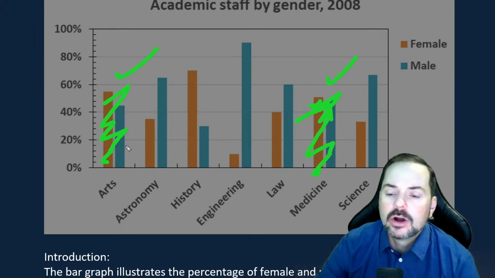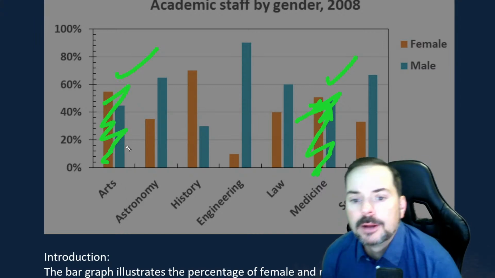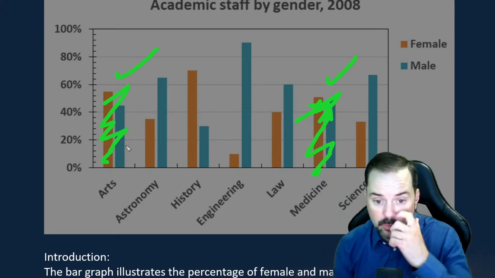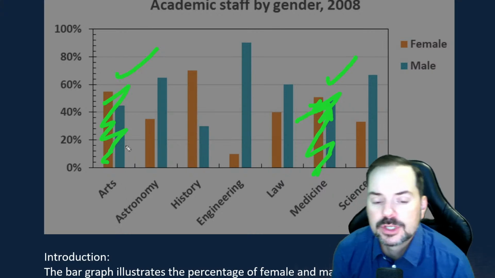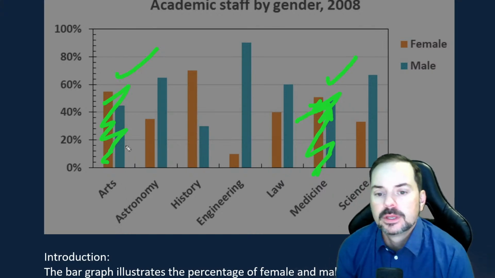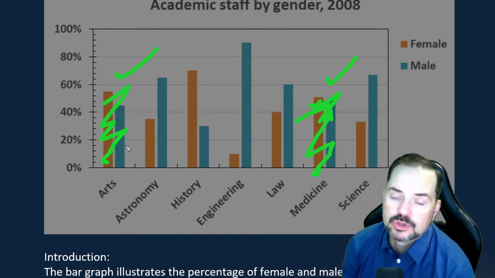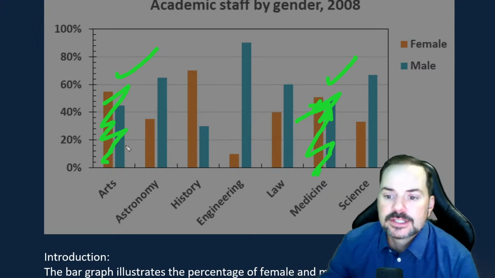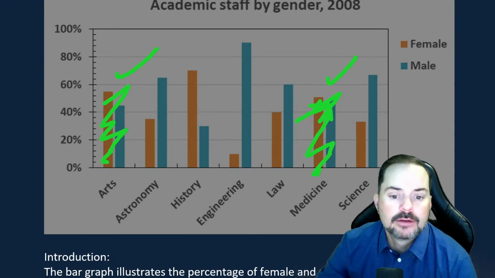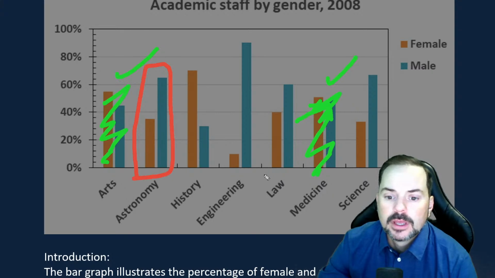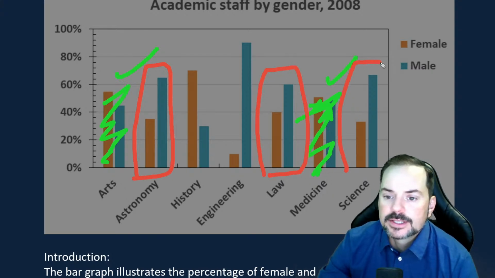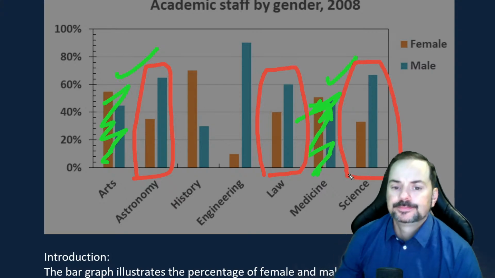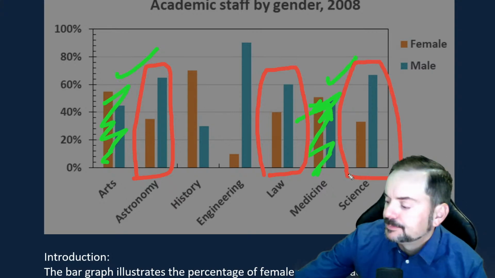Now I want to write in more detail about my next point, which is the different distributions where we have significant differences. And this is where I focused on astronomy and law and science.